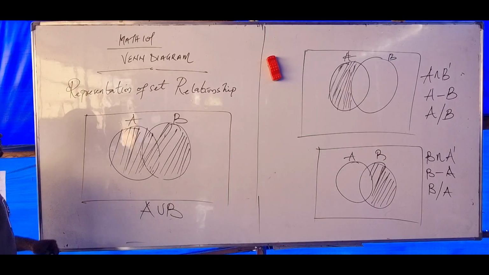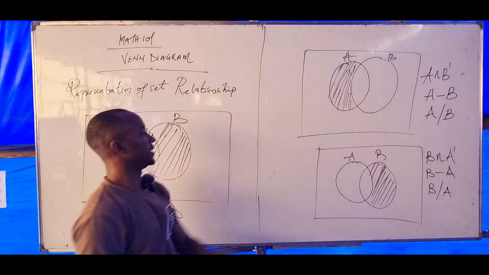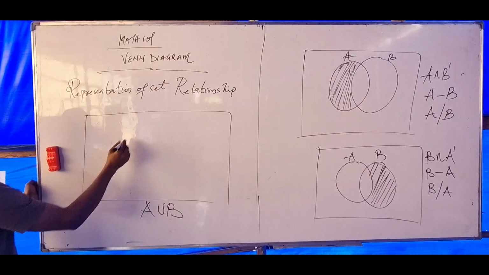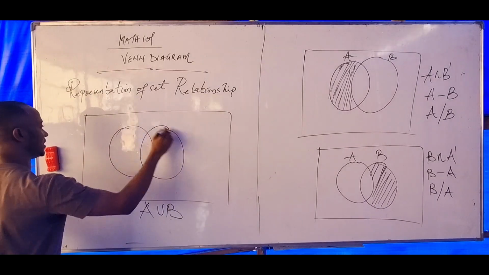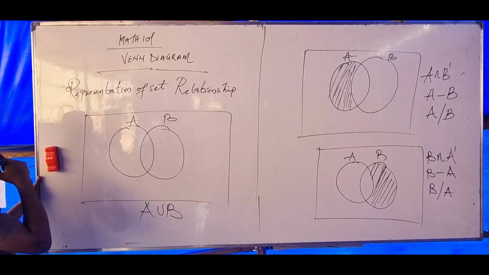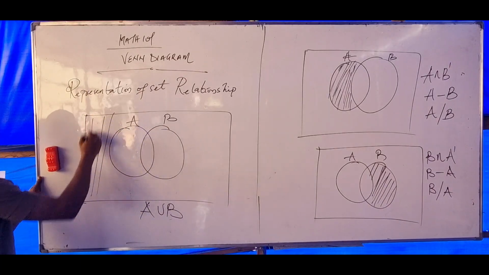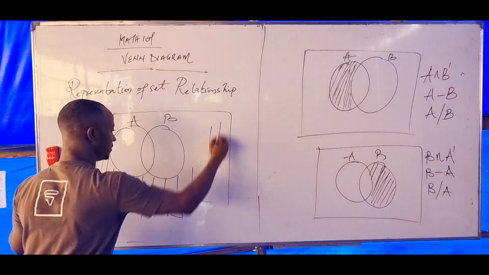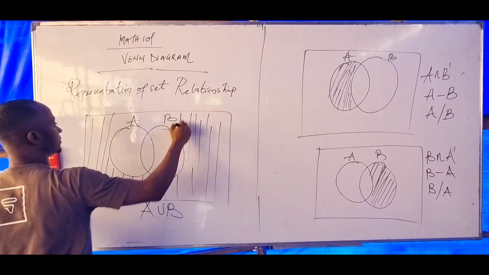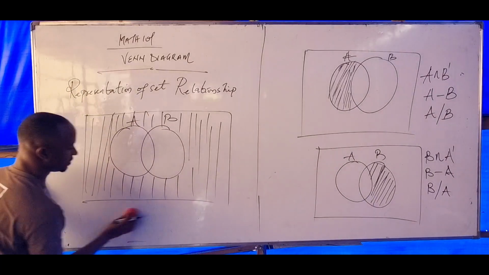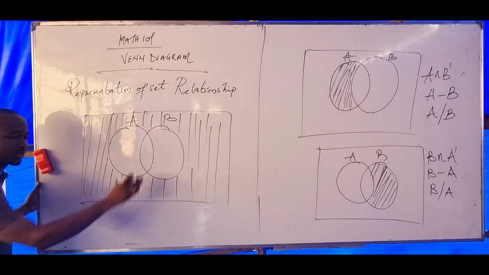If I have something of this nature, what if we have A and we have B, and the only part shaded is this region here, the outside? There's no intersection here.